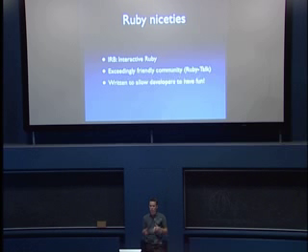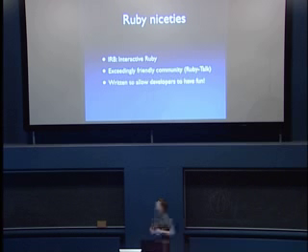If you don't have an interactive mode, you have to actually make the changes to a program, which you may not be sure of, and you have to run your entire program just to test out how 5 times something works, or if that iterator takes a parameter like that, and if this really works like that. Whereas in Ruby, I could show that a little later, you can just drop into the interactive mode and play around.